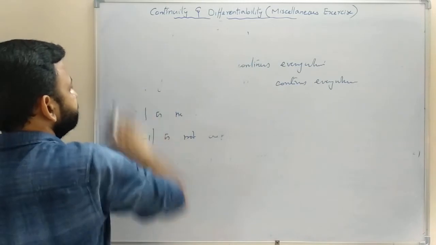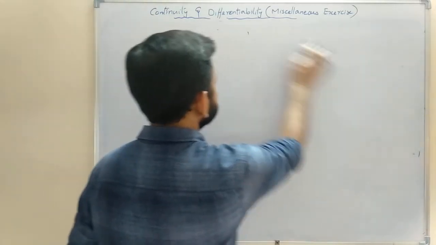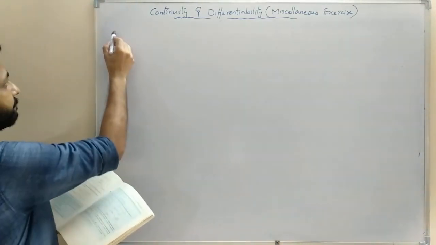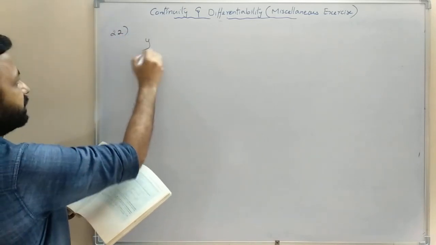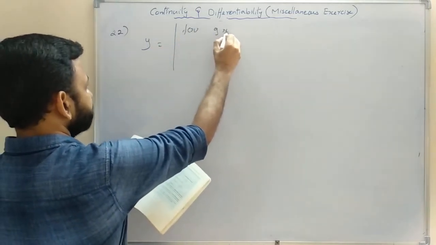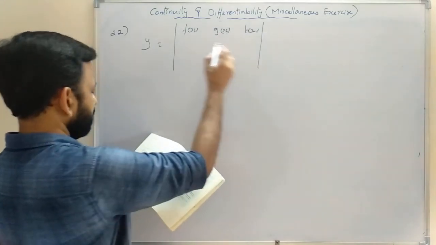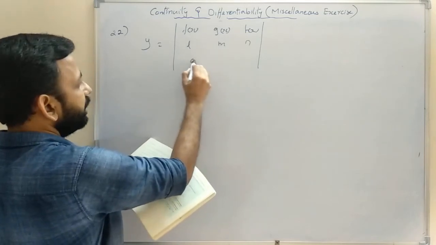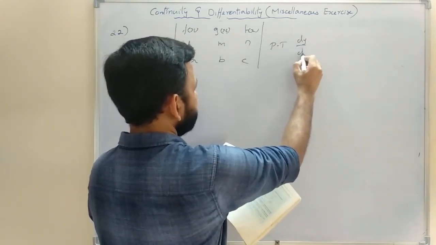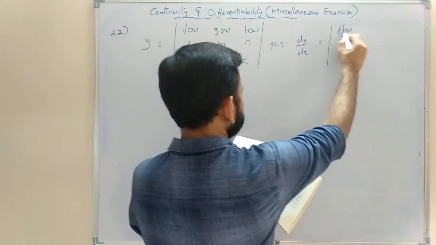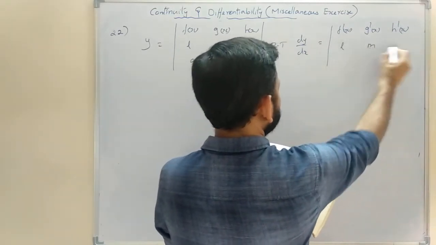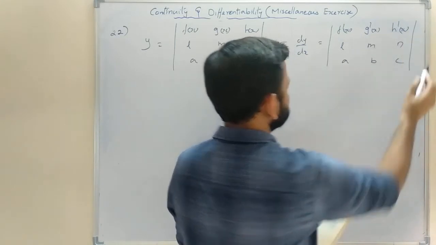Now we have to do question number 22. Here y is equal to the determinant with first row f of x, g of x, h of x, then L, M, N, then A, B, C. Prove that dy by dx is equal to the determinant with first row f dash x, g dash x, h dash x, then L, M, N, then A, B, C. So that is our question.